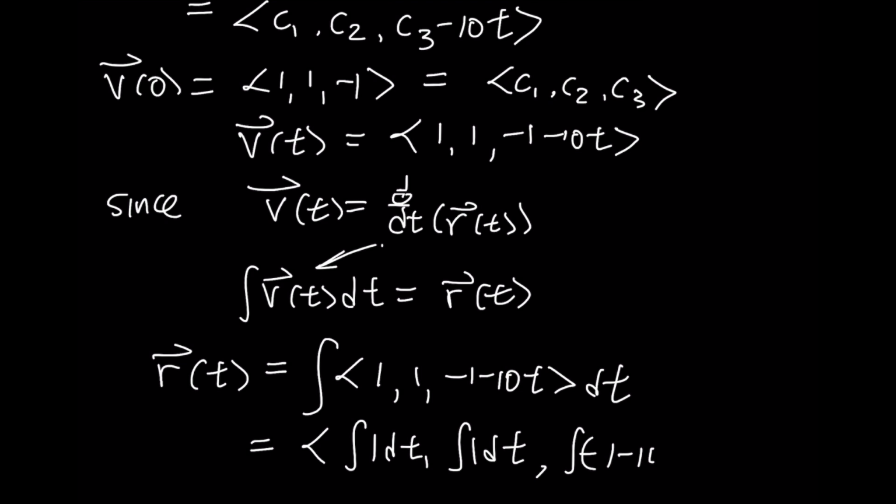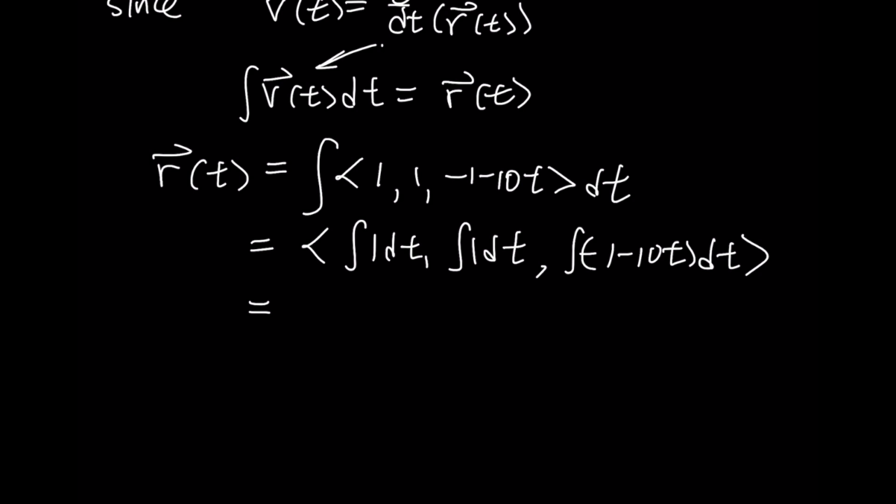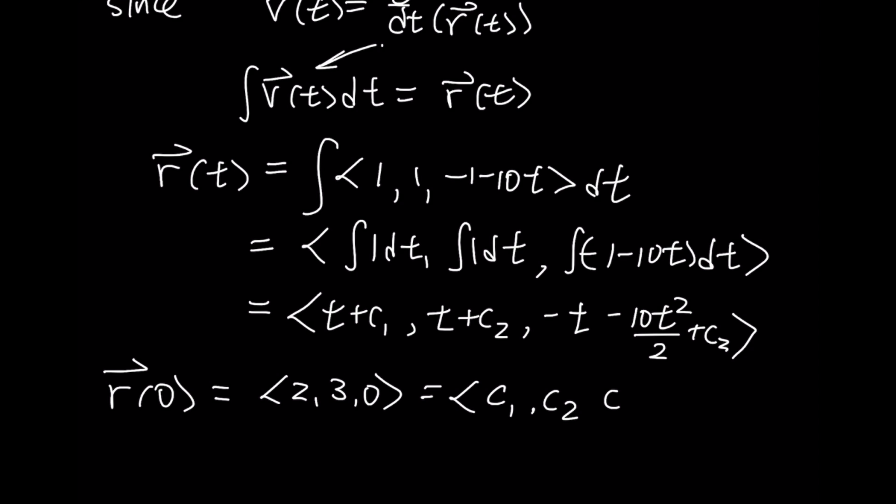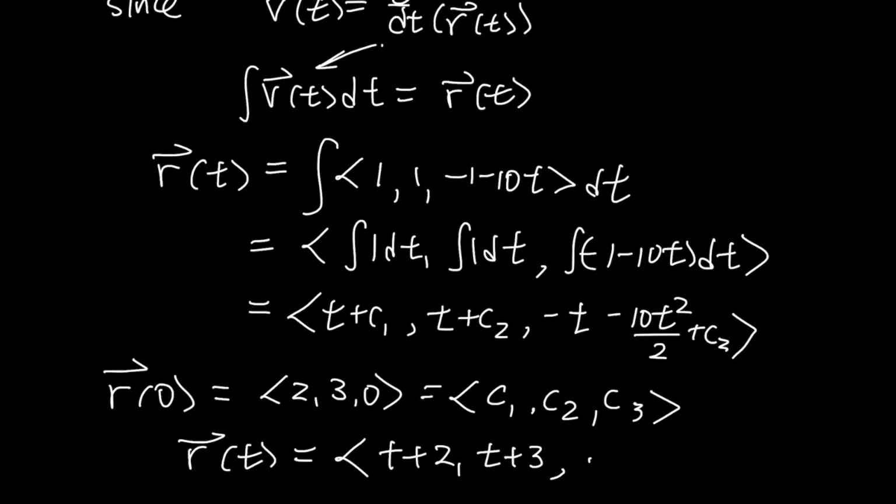And if you follow through, you'll get t plus c1, t plus c2, and then in this component, you'll get negative t minus 10t squared over 2 plus c3. The initial position will allow us to determine those constants, that's c1, c2, and c3. So it's possible for you to solve Newton's second law to determine the velocity and the position.